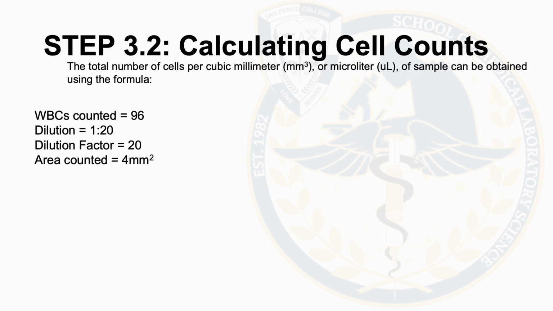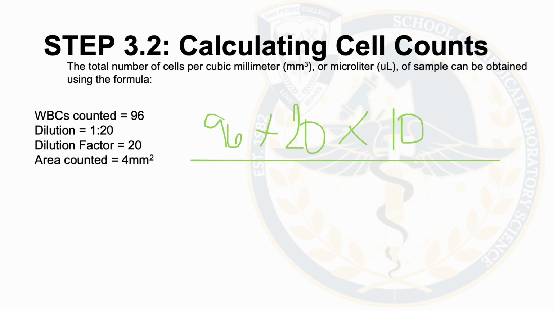Okay, for example, the WBC counted is 96. So, 96 times, what's the dilution factor? Since we did a WBC dilution, our dilution factor is 20. And our depth factor is always 10 when it is in the numerator, divided by the total area counted, since this is WBC counting, which is 4 mm.